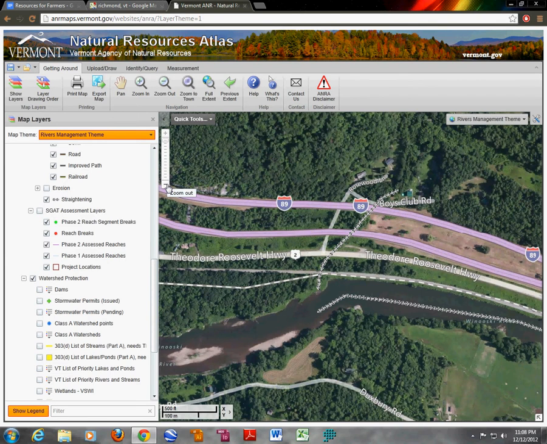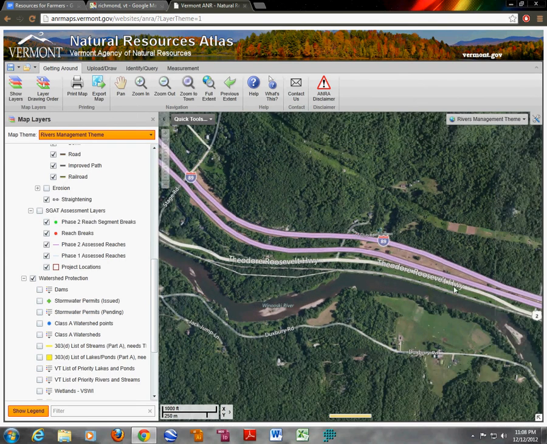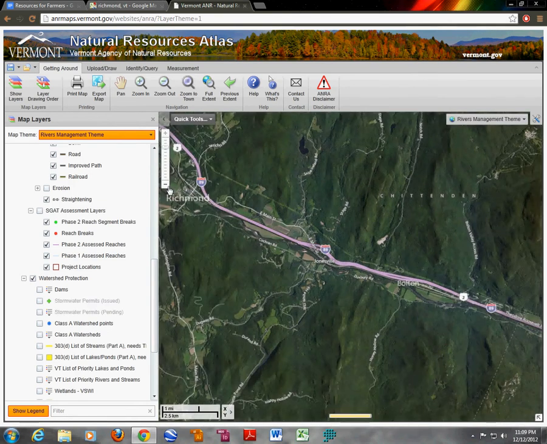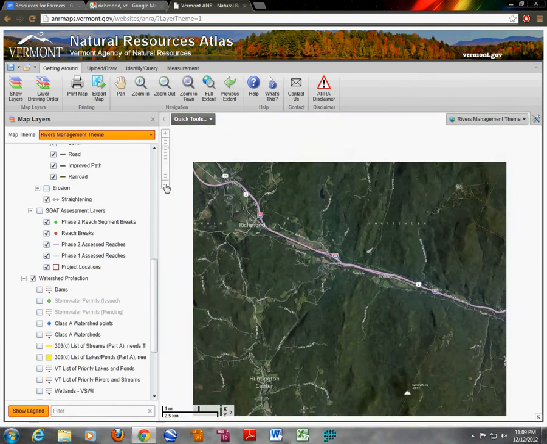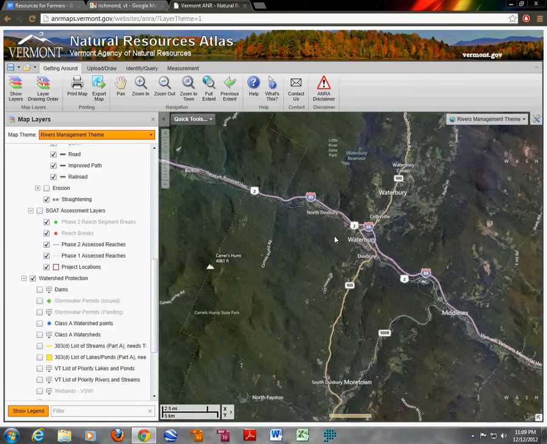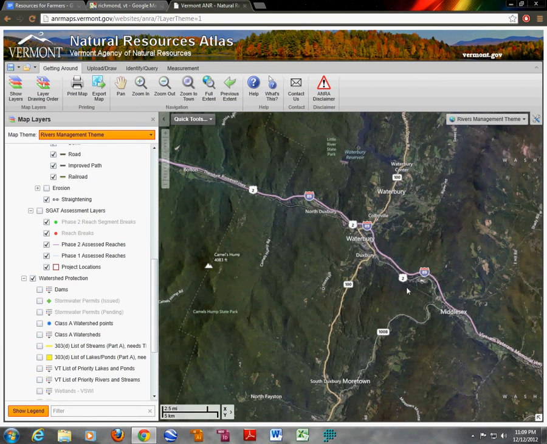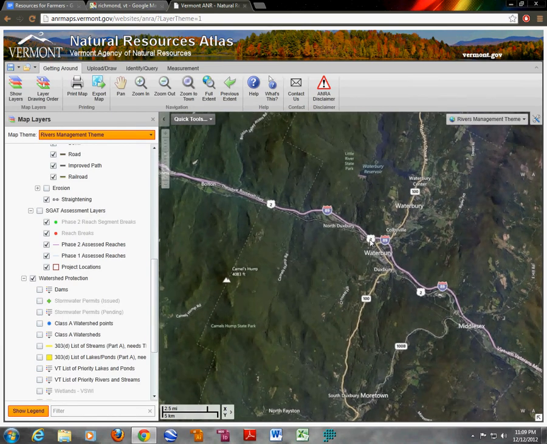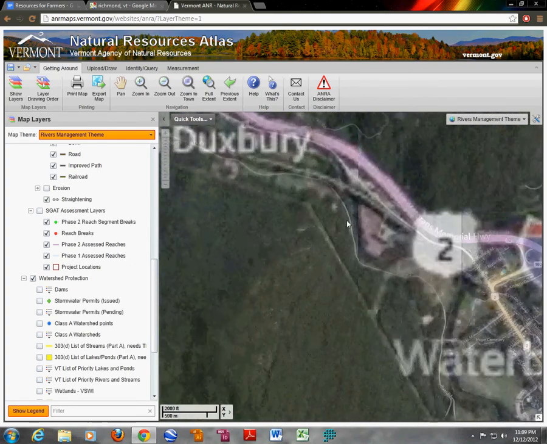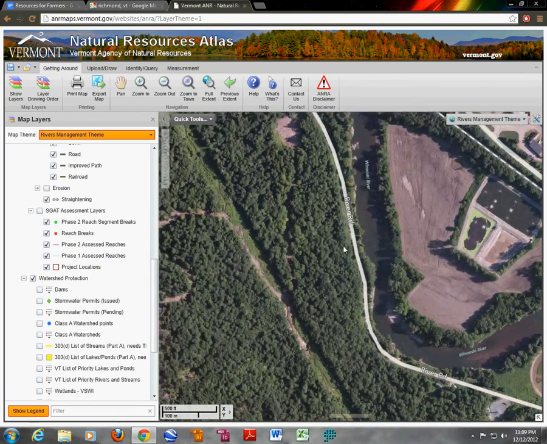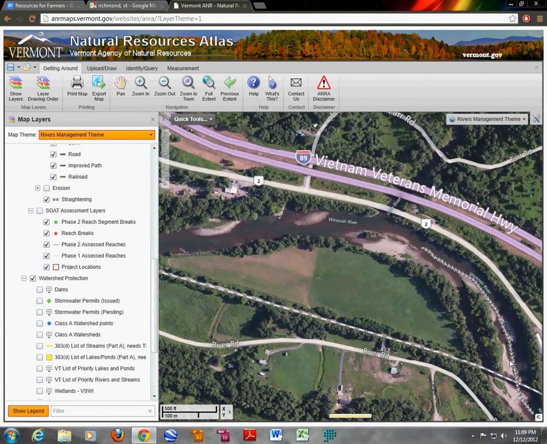And I wish I could zoom out and still have this straightening on here to show you, but if we go out on a bigger scale, we can see that from Richmond to probably even Montpelier or Waterbury, the Winooski is very straightened. And if we zoom into any of these layers, we can zoom into any of these places, we can see that the river's straightened along here.